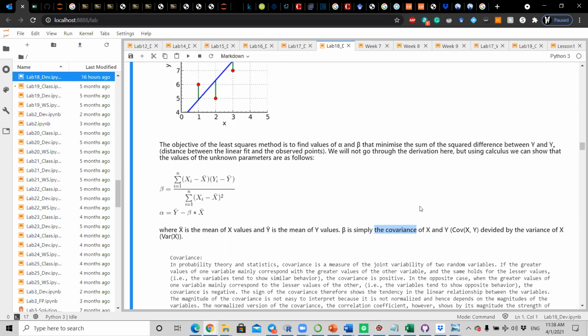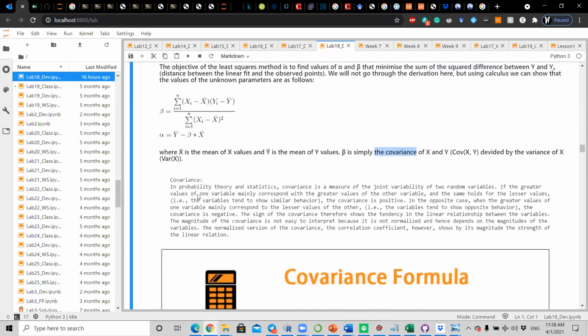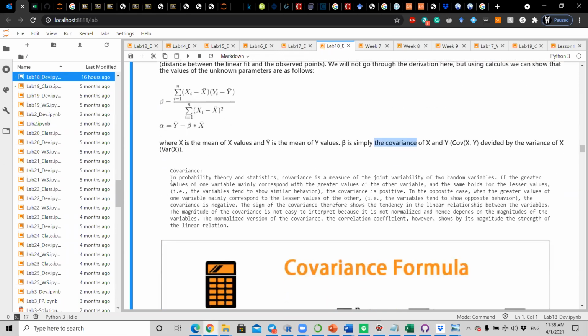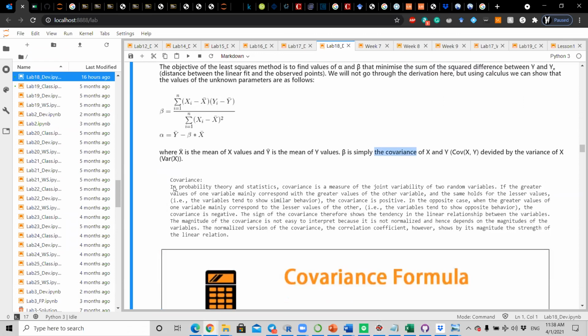So variance is defined for each variable with respect to itself. Covariance is defined for each variable with respect to another variable. Covariance, like the co-op mode. So the formula for covariance is this. And here we will just briefly explain what is happening with covariance.